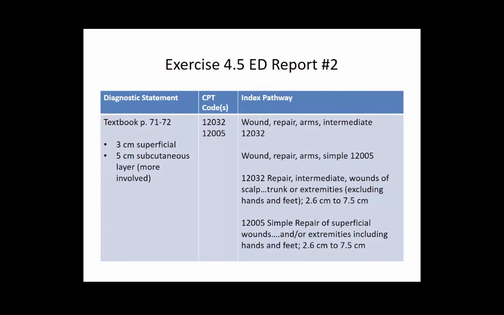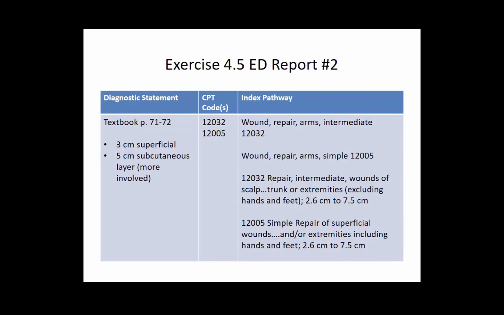And here's an ED report from the textbook, pages 71 and 72. And you see there's a 3 centimeter superficial and a 5 centimeter subcutaneous layer. The wound, you have intermediate and simple. Your intermediate is your more serious wound, so it's going to be your first procedure.